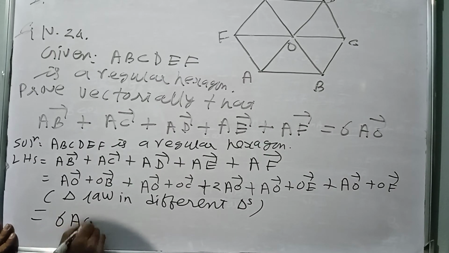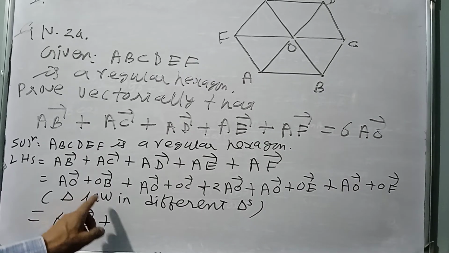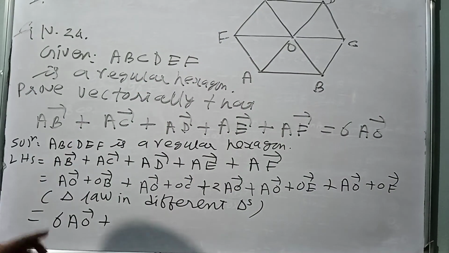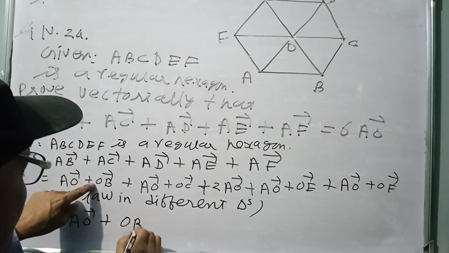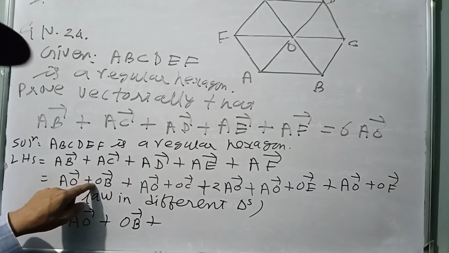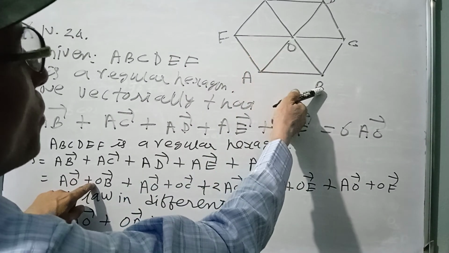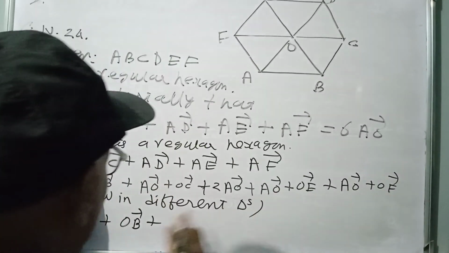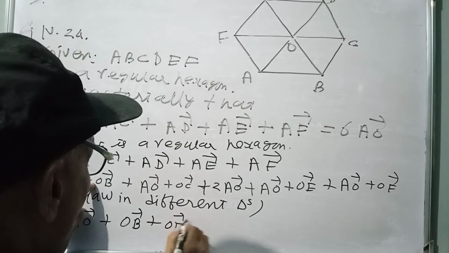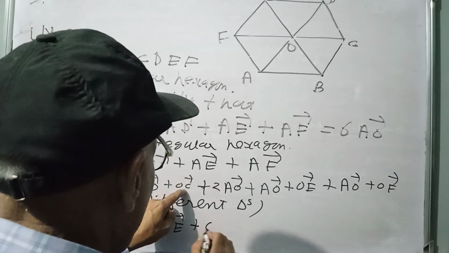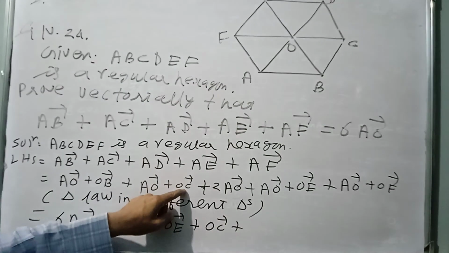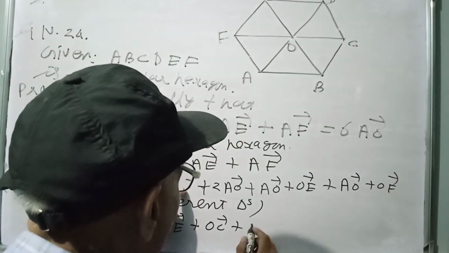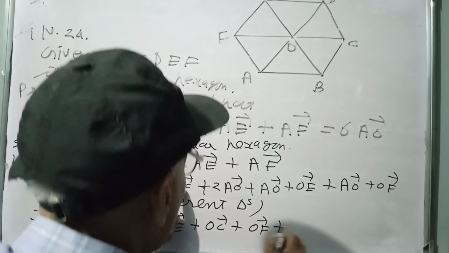6 AO is there, plus the remaining OB and OE, which are equal and opposite, like Newton's third law. After OB, write OB. What is the equivalent opposite of OB? The equivalent opposite of OB is OE. So after OB write OE, plus AO, OC. What is the equivalent opposite of OC? OC's opposite is OF, so OC plus OF.